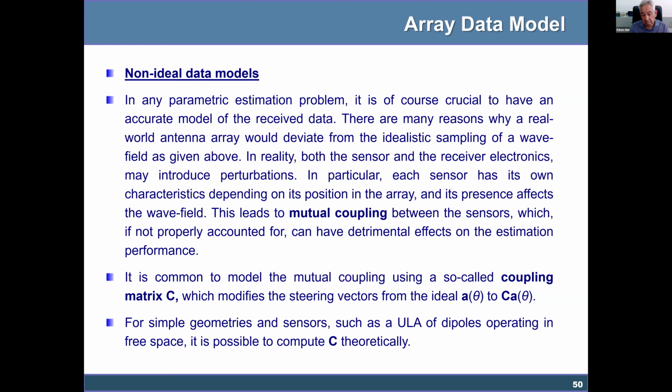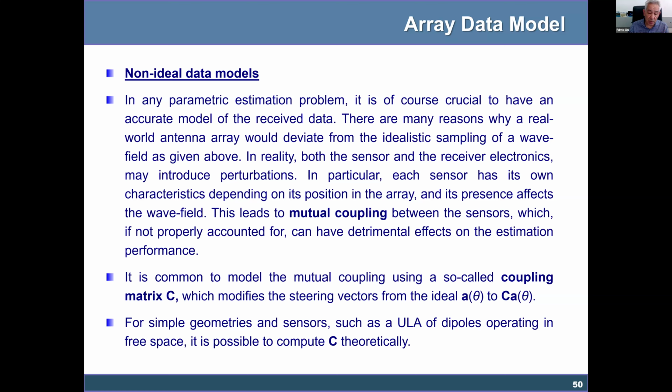Now, people have studied the mutual coupling, and they found that the mutual coupling effect can be taken into account by modifying the spatial steering vector in this way. So you start from the ideal steering vector that we derive, that, remember, is known if the array is calibrated.